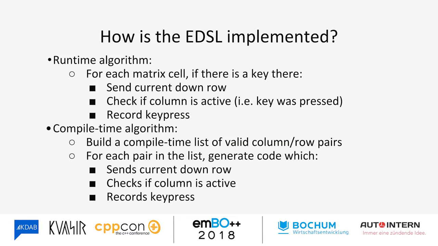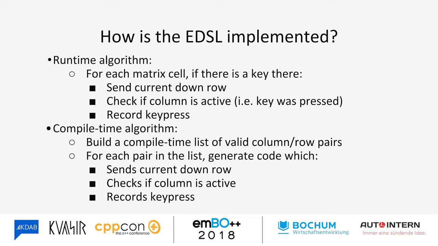So a bit about how it's actually implemented. If you're doing everything at runtime, you would loop over all of your matrix cells. You would work out if there actually is a key there, which we need to test for. And then you would send the current down the row, check if the column's active, and record key presses if there were any.